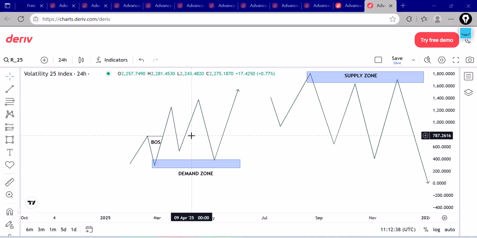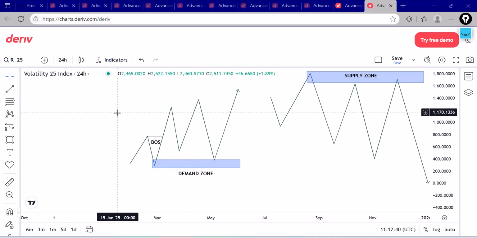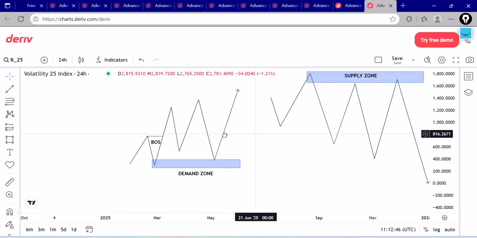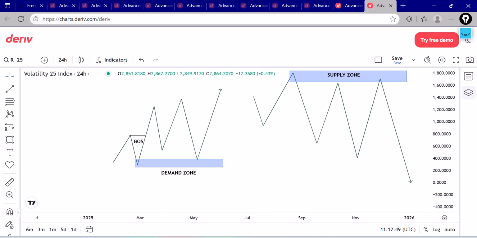So we are going to see how an imbalance looks. An imbalance appears in a three candle structure. If we have something like this, you'll see a candle and wick.